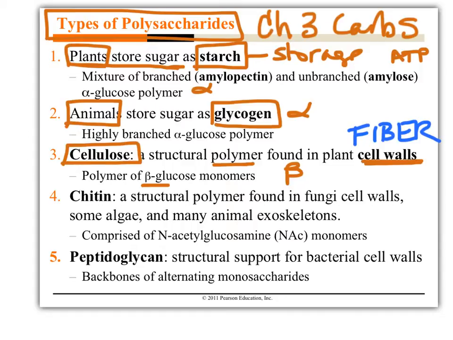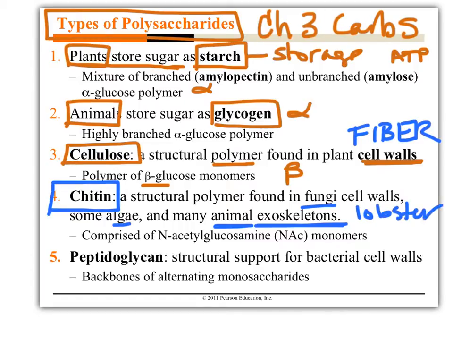What else? Chitin. What's chitin? It's the exoskeleton in the fungus, some algae, and many animals. What kind of animals? Spiders, arachnids, lobster. Yummy. Right? The outer shell, lobster, shrimp, beetles. That's chitin. Again, a different kind of monomer. Glucose with a little extra.